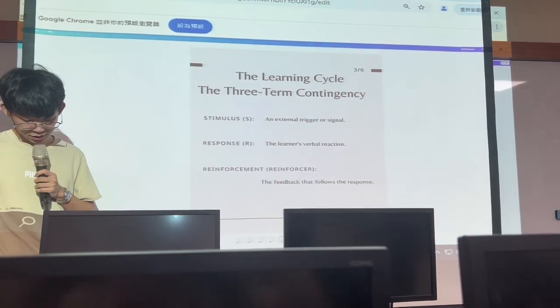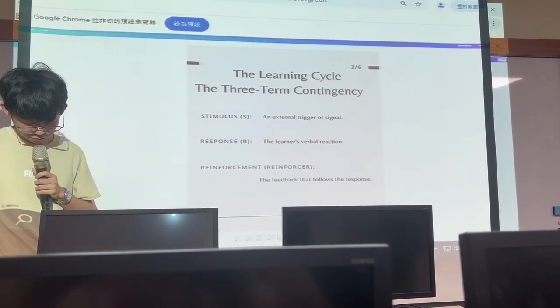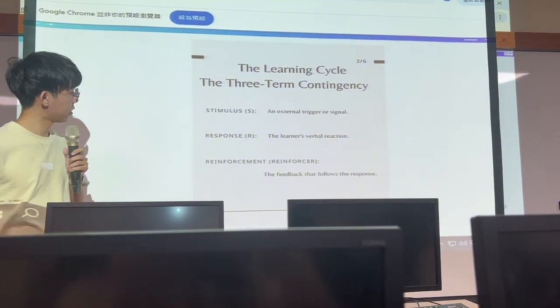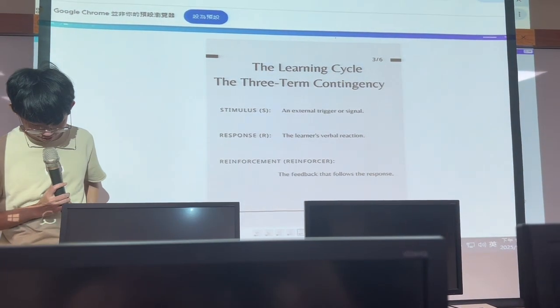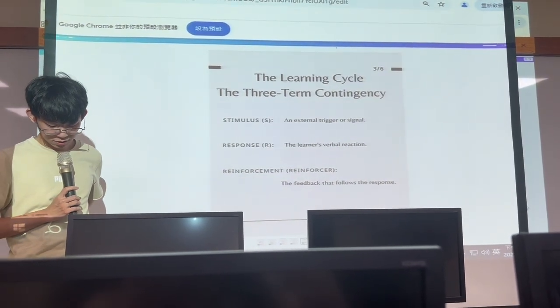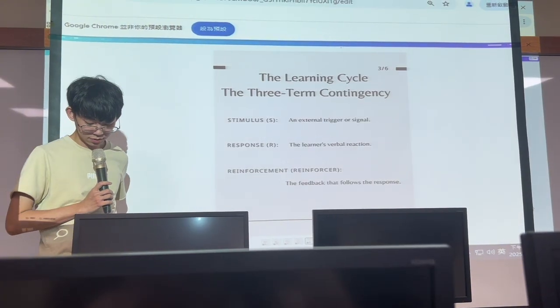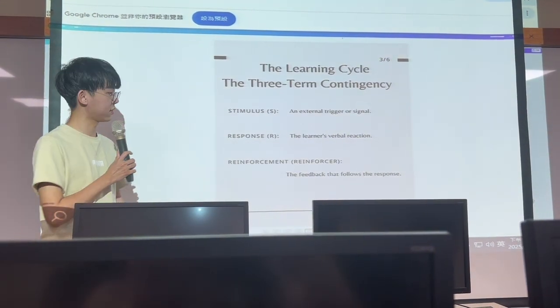So in behaviorism, language learning is this ongoing loop: stimulus, response, and reinforcement. This cycle repeats again and again. Correct language behaviors are strengthened, and that's how we learn to speak and understand.